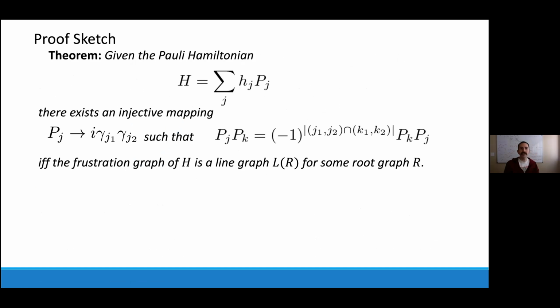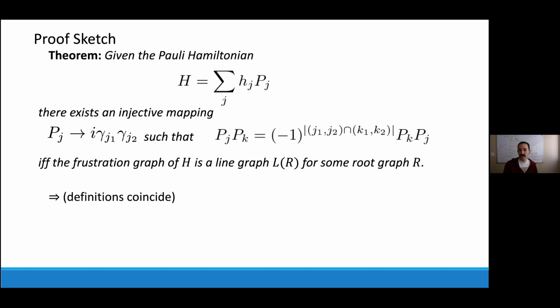So here's a little more precise statement. Given this specific Pauli Hamiltonian, there exists an injective mapping that maps the Pauli terms specifically into fermionic bilinear terms such that the commutation relations are respected for the Paulis, if and only if the frustration graph of this Pauli Hamiltonian is a line graph for some root graph R. Okay?